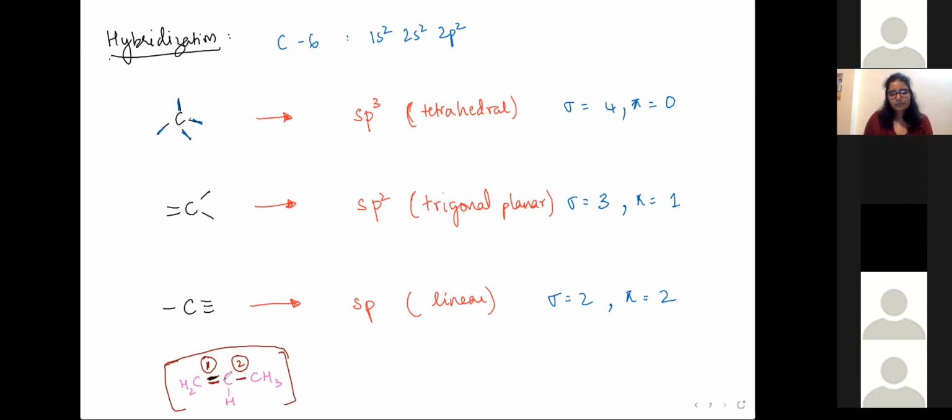So both are kind of equal that way, right? No, I mean, in one there's 1 sigma bond and 1 pi bond, and in 2 there's 1 sigma bond. So we are saying that pi bond can be broken easily. That's why the first one is more reactive. But then even if the pi bond is broken more easily, we still have 1 sigma bond, right? And in 2 also we have 1 sigma bond. So isn't that kind of the same?